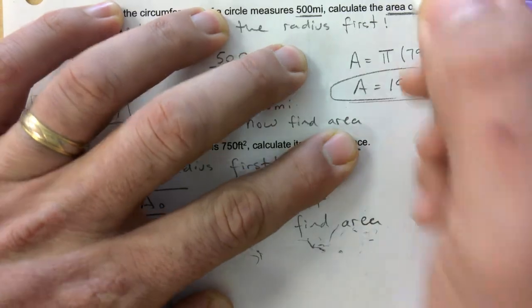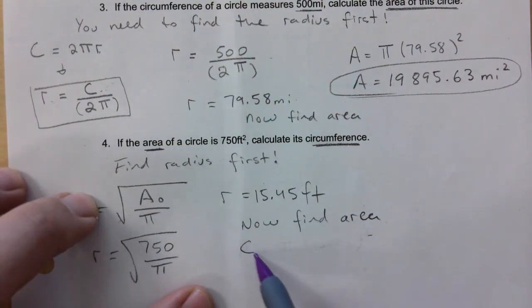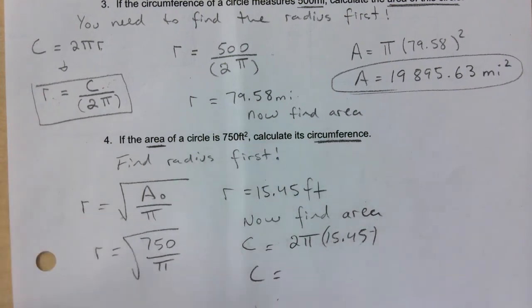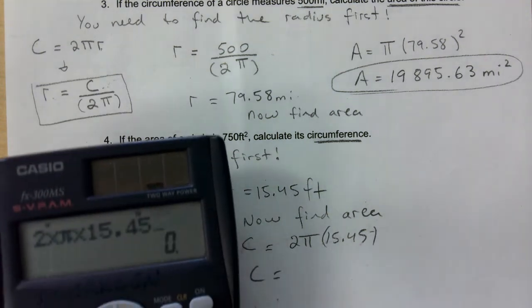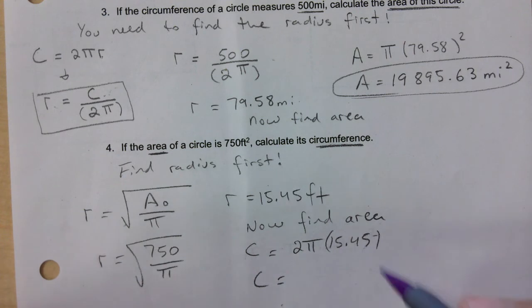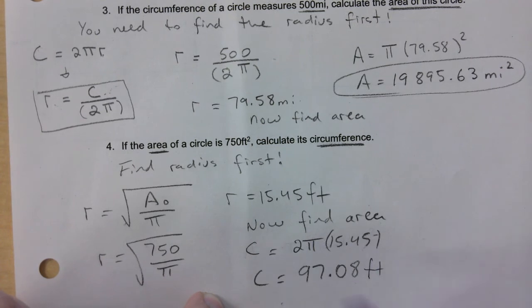Hope that would be nice to be able to do that. Circumference is 2 pi r. 15.45. And you can do this all in one shot. 2 times pi times 15.45. And that's 97.08 feet, only feet, right?